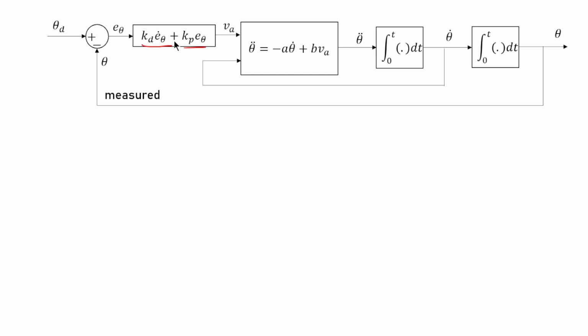Okay. So again, you start from your model. You have theta double dot equal to minus a theta dot plus b VA. And then you choose your design controller, VA equal to KD times error in theta dot plus KP times error in theta.